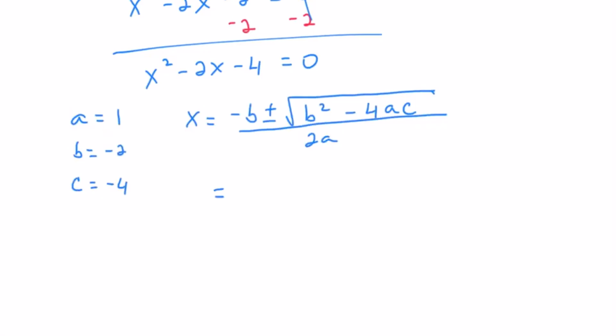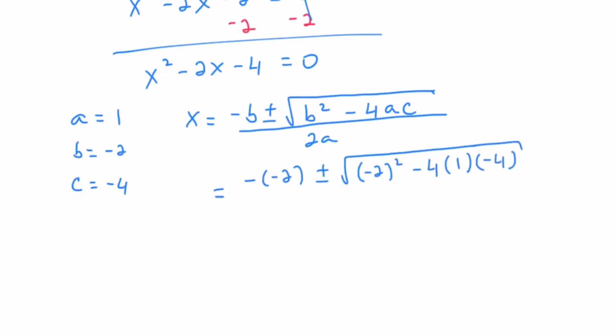So we have negative b is negative 2, so negative 2 plus or minus the square root of b squared, so negative 2 squared, minus 4 times a, so that is 1, times c, so negative 4, all over 2 times a, so 2 times 1.